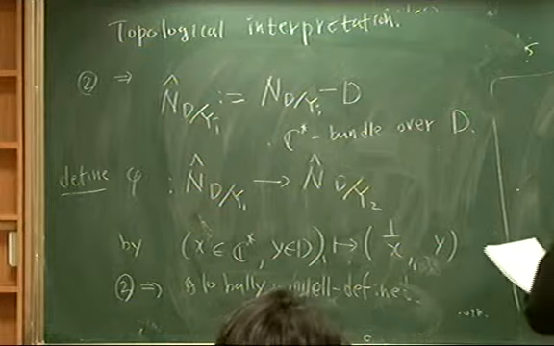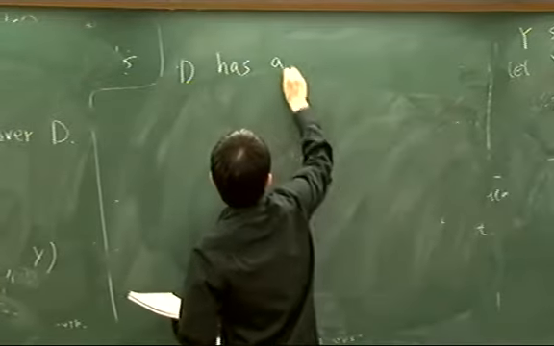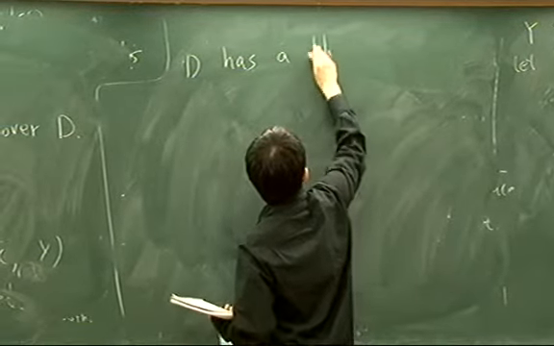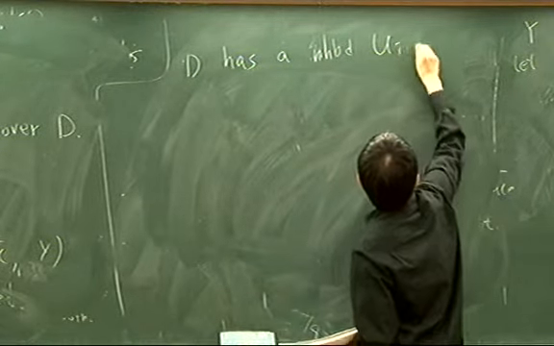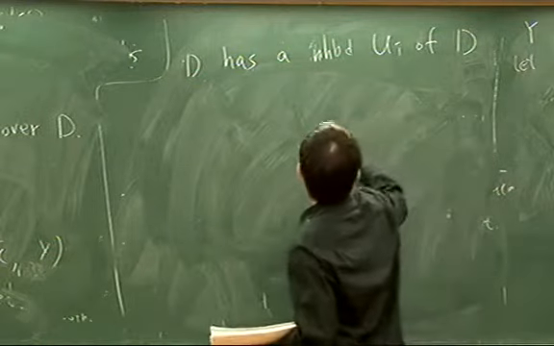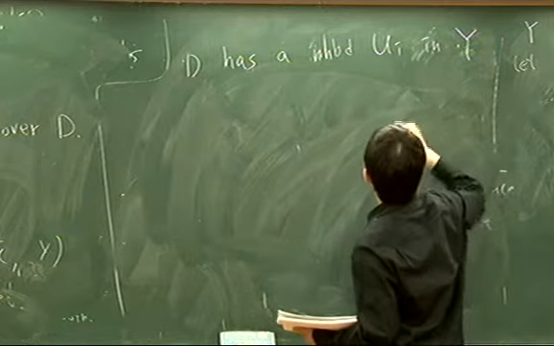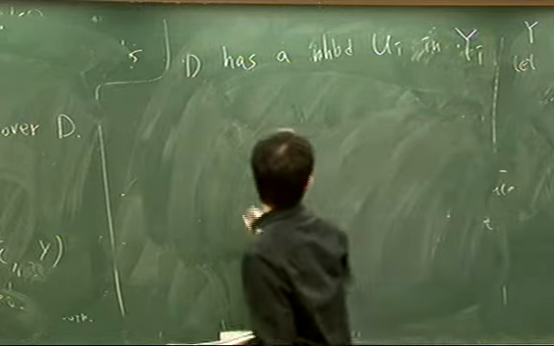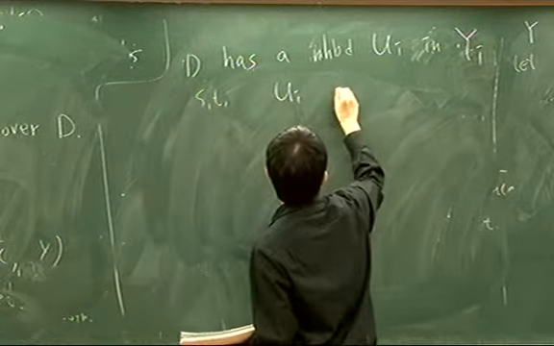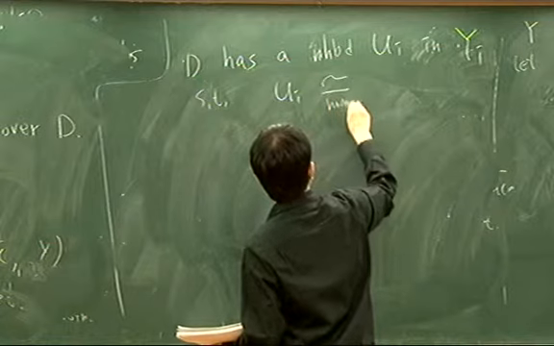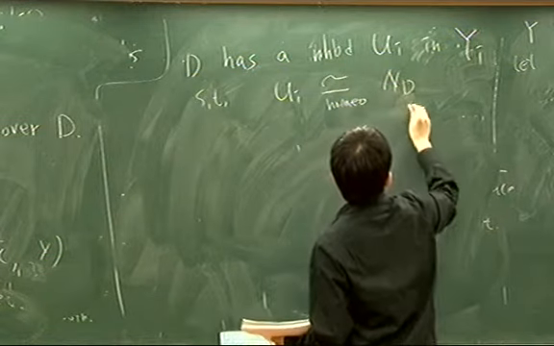So there is this property: D has a neighborhood Ui of D in Yi such that Ui is homeomorphic to the normal bundle N of D in Yi.